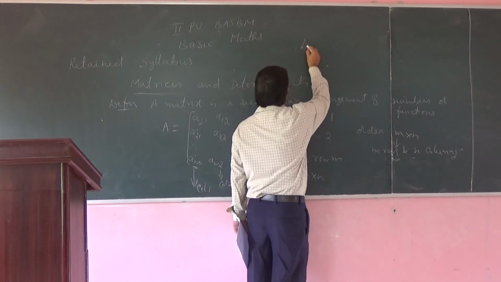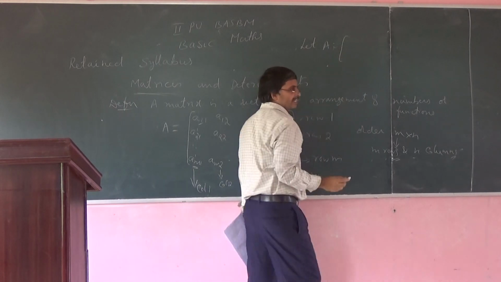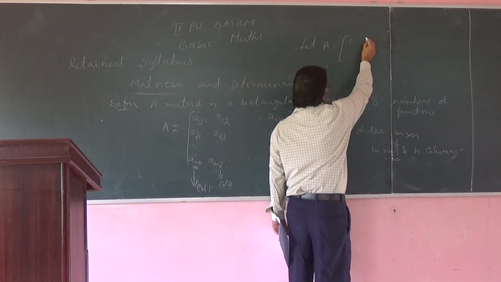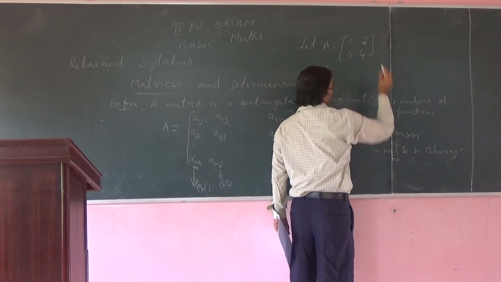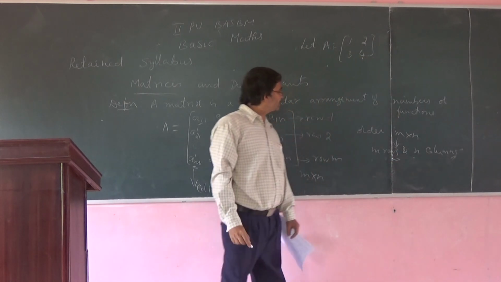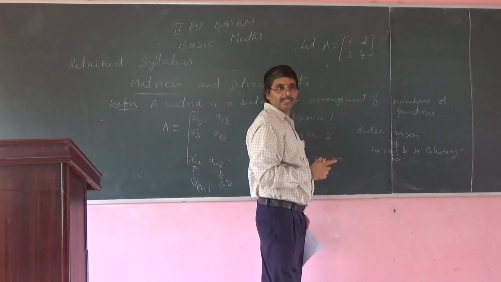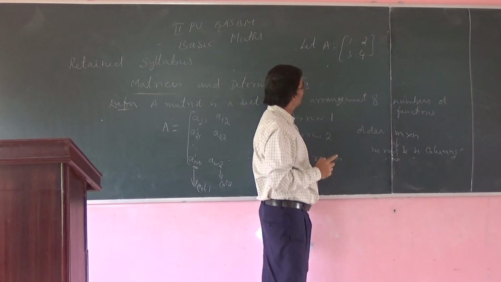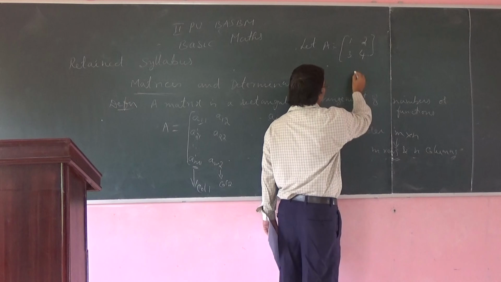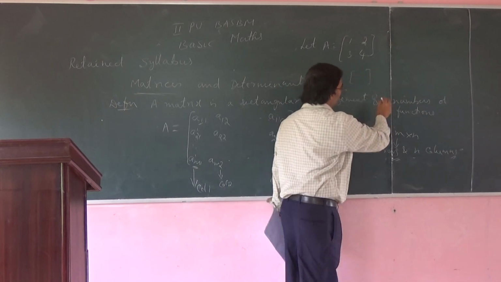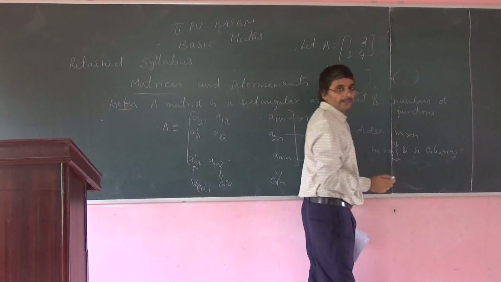Now let A equal, I will call one matrix A, which contains the numbers say 1, 2, 3, 4. As I told earlier, we represent the matrix using any capital letter A to Z, and the numbers are written either in square brackets or round brackets. I have used the square bracket here.